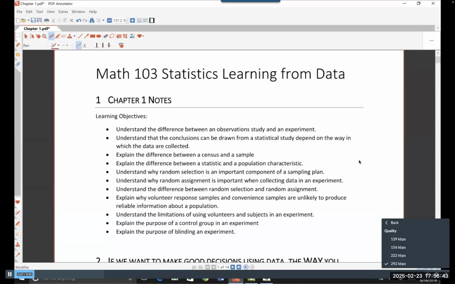And we need to understand differences between a lot of things, like the difference between observational studies and an experiment, what conclusions we can draw from each of those, the difference between a census and a sample, differences between statistics and population characteristics. And as you can read through, we're going to be doing a lot in this chapter. But it really paves the way for understanding everything that we're going to be talking about in this class.